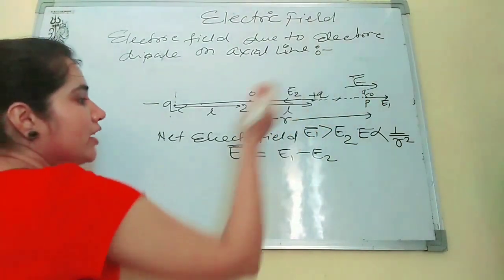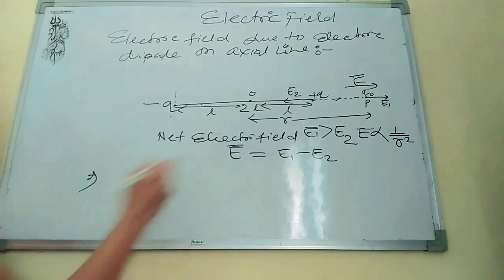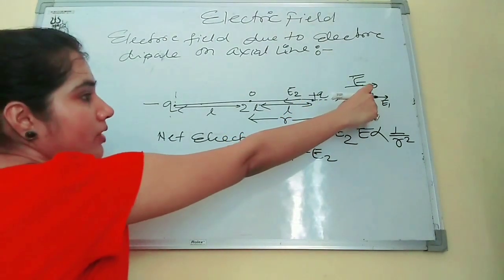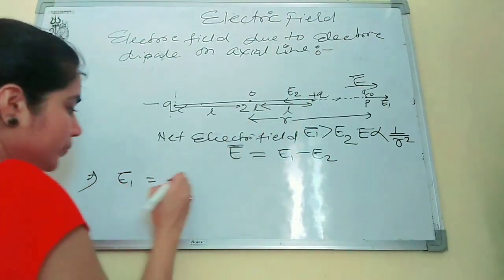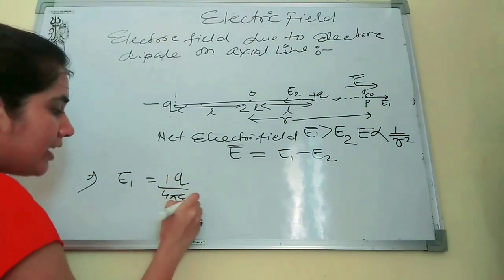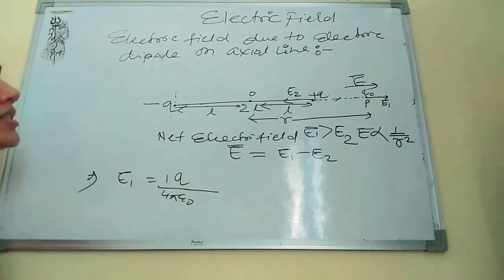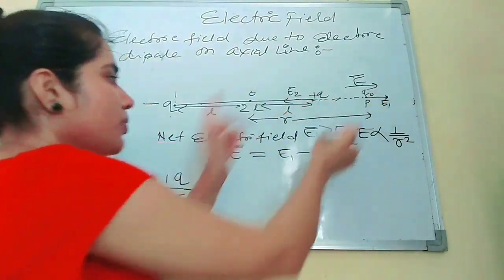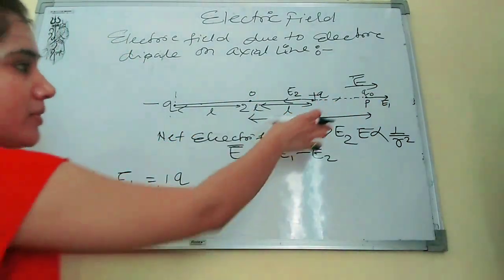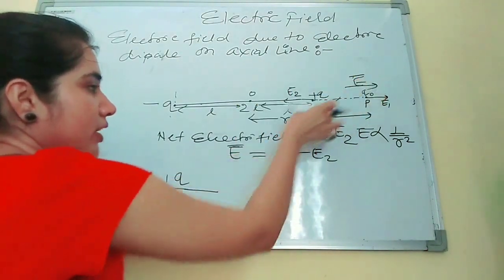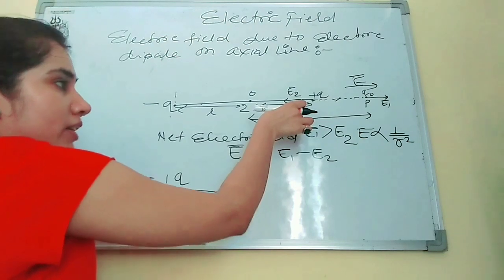Now we will put the values for E1. We know this: Q, simply 1 upon 4 pi epsilon naught. What will be the distance? From this point to this point, the distance is r, right?